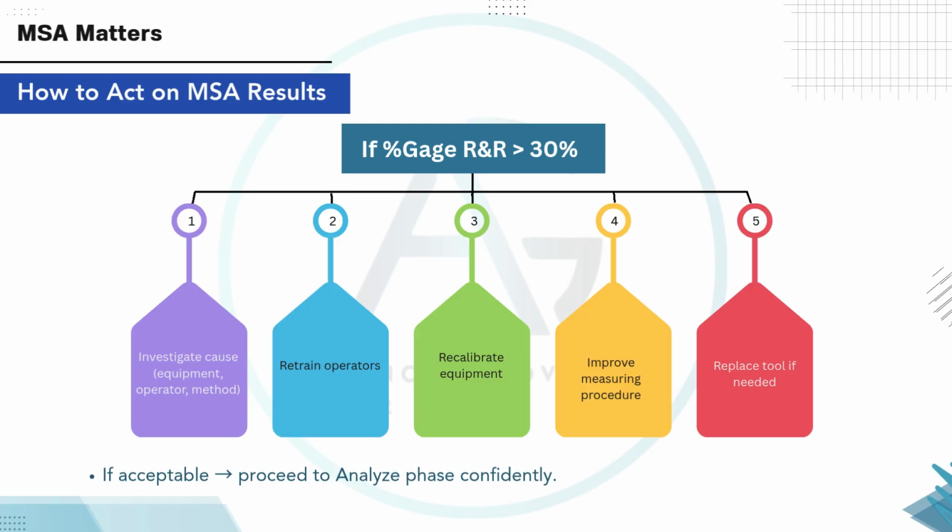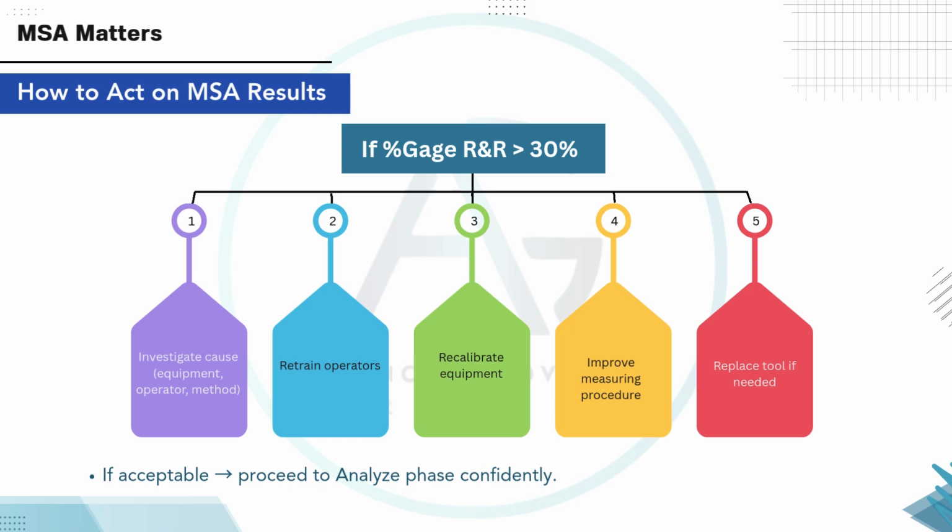At this point, we should not proceed with data analysis until the measurement system is improved. Here are 5 key actions we can take. 1. Investigate the root cause. Look into potential issues with the equipment, the operators, or the measurement method itself. Try to pinpoint what's contributing to the high variation.